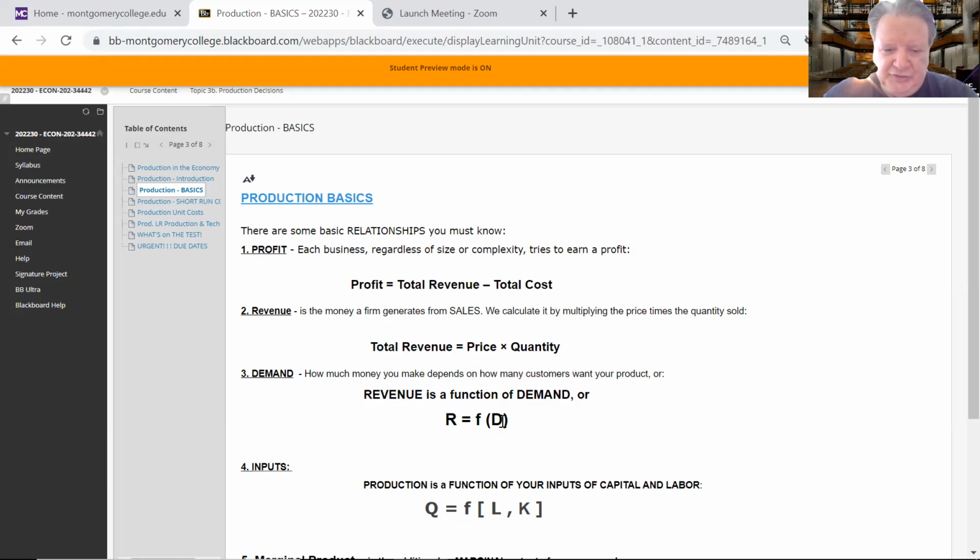So if the demand is for 1,000 units, then your revenue might be $2 a unit. So $2 times 1,000 would be $2,000 of revenue. Or in the example I gave, if the demand is 1,000 units from the customers, and your function is to charge $5 a unit, then your revenue would be $5,000, as in the previous example.